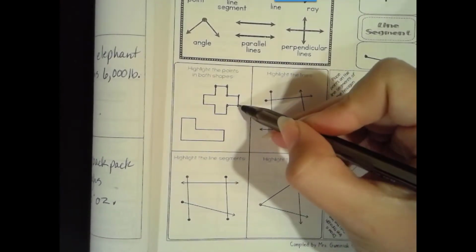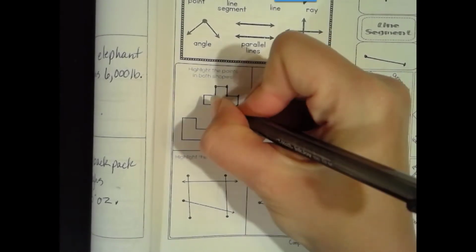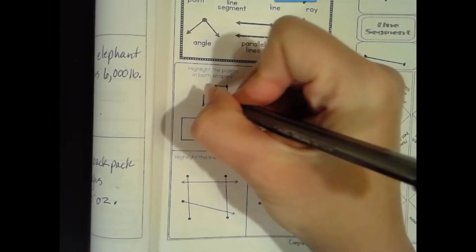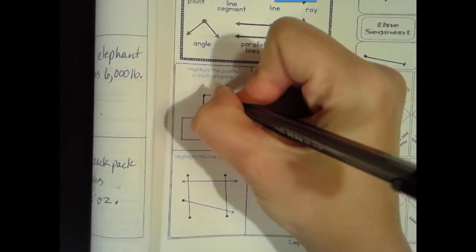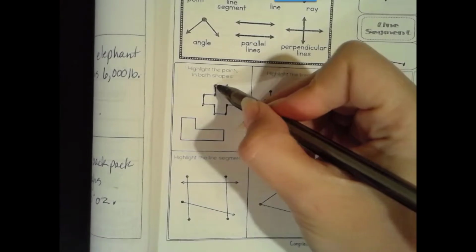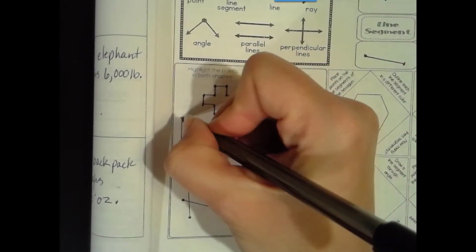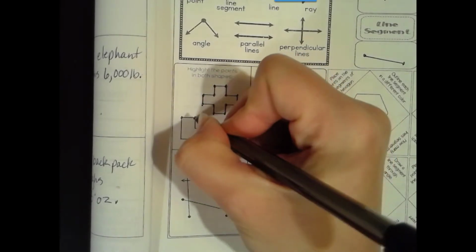So they have end points at each of them. So these would be all our points on this plus sign looking shape. So the points are where the ends of the line segments are. Those are our endpoints. So here we have those.